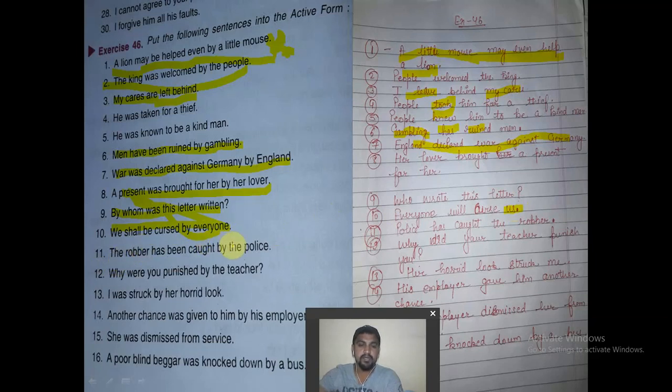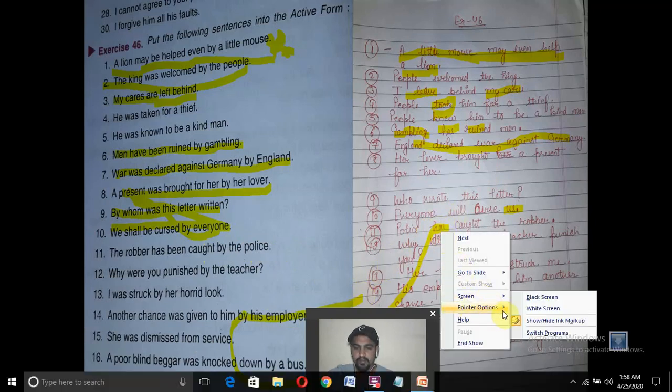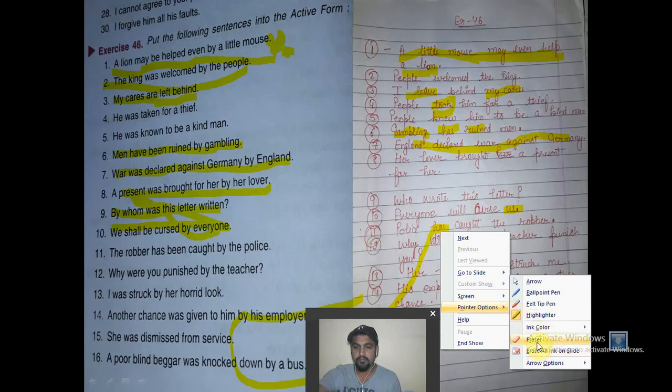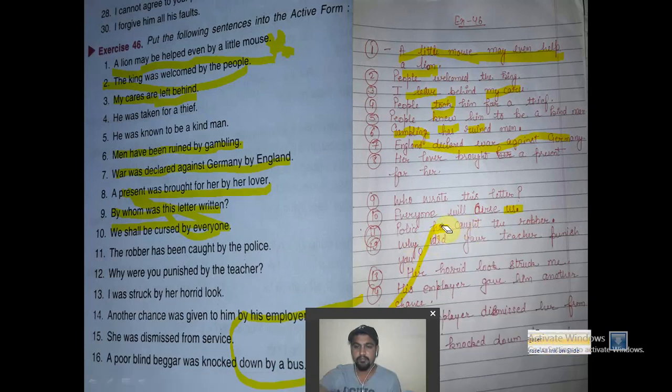The robber has been caught by the police. 11th question: the robber has been caught by the police. Again the tense is present perfect tense. Has been caught is the passive verb used there. So we have to use the police in the beginning. The police collectively has done so, so that is why I considered it singular.